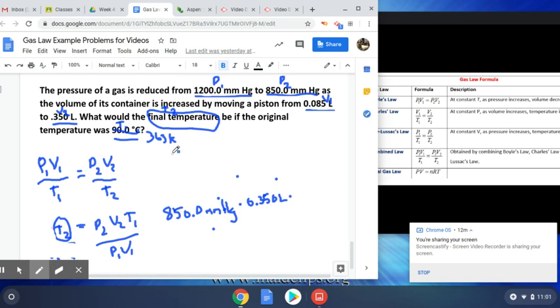And then T1 is 363. And then you divide by P1, which is 1200, and V1 was 0.085.